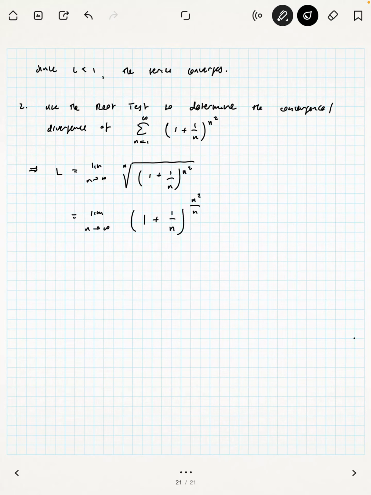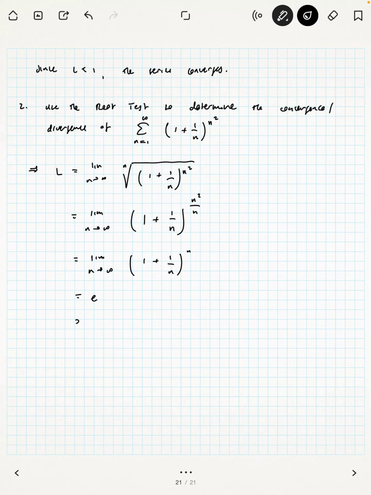So the limit as n goes to infinity of 1 plus 1 over n raised to the n squared divided by n, because we're converting to rational exponents here. Now n squared divided by n is n. 1 plus 1 over n raised to the n.